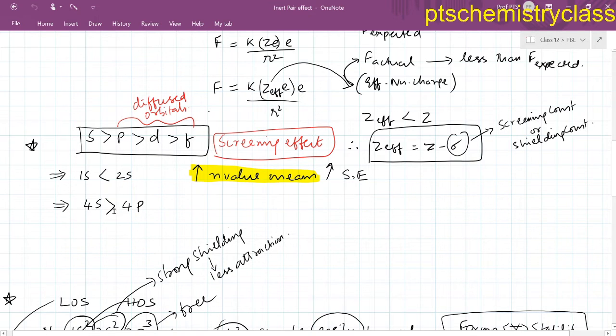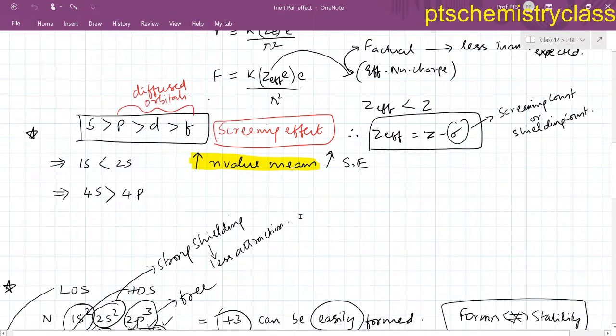Similarly, if you take two different orbitals of the same shell, say in the fourth shell, 4s orbital and 4p orbital, as I told you before, the s orbital will have more shielding than the p orbital. Therefore, 4s will have a greater shielding effect than 4p. So this is what we call the inert pair effect.